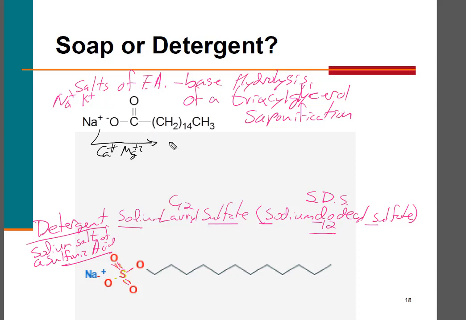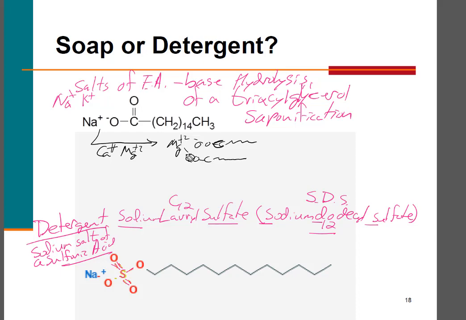Here, magnesium plus 2, and then we're going to have COO minus and the long chain here, and then another one.